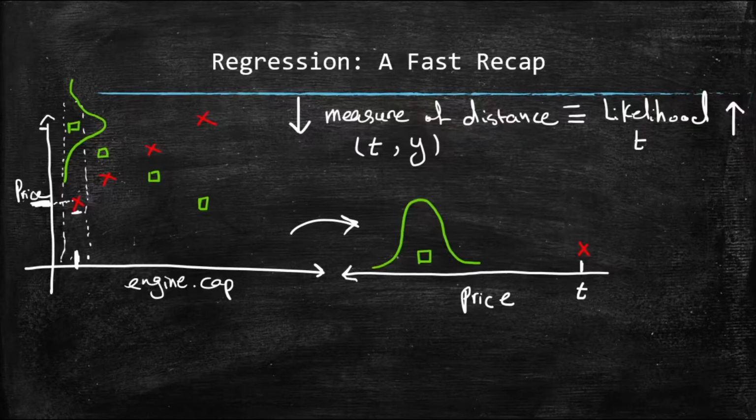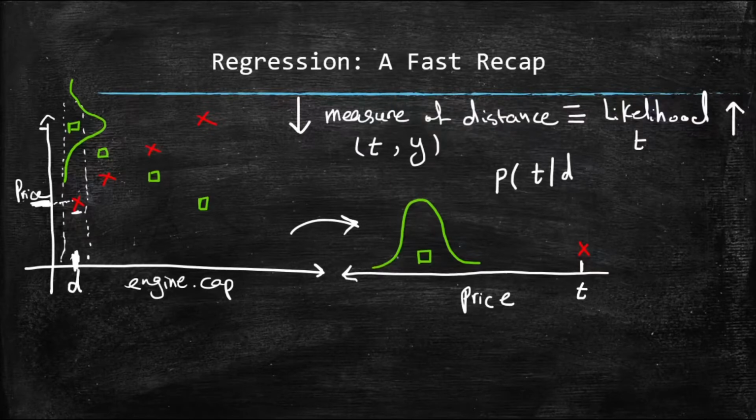how likely is that? Basically, how likely is it that my ground truth has been generated by this Gaussian, given, please pay attention, this is very important, given my input, which is this particular engine capacity here.